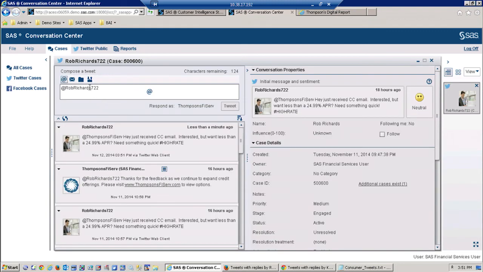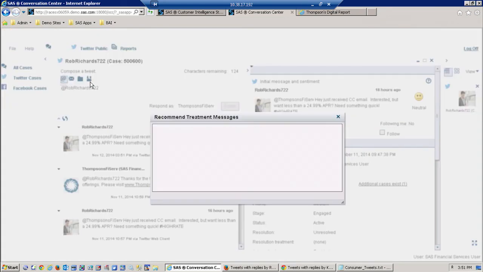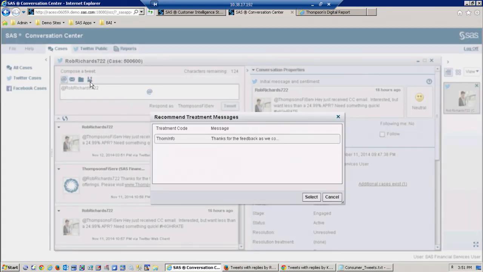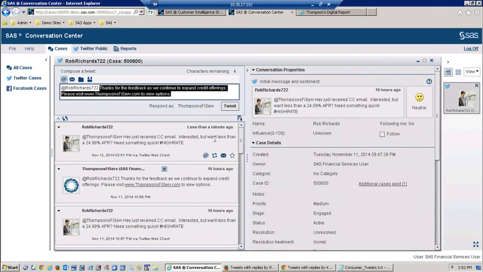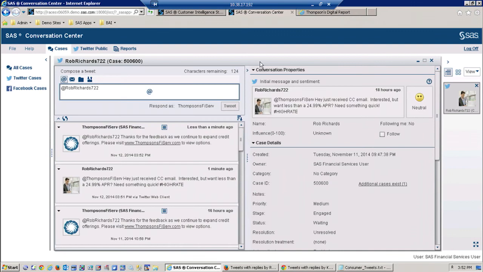And what we can see here is that he has the ability to be responded to by the customer service agent with either a standard message or what's called a recommended treatment message. Now I'm using the recommended treatment message here, and for Rob, because he is a loyal customer but not of high value, he receives that informational message that basically says, thanks for your feedback. As we expand our credit offerings, please visit Thompson's for more information.